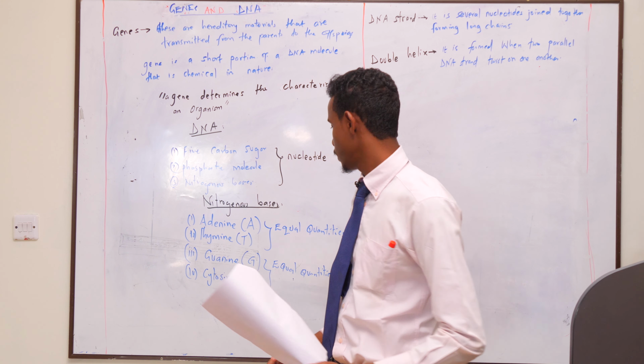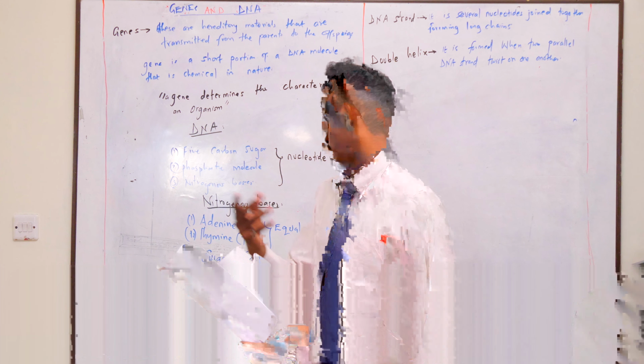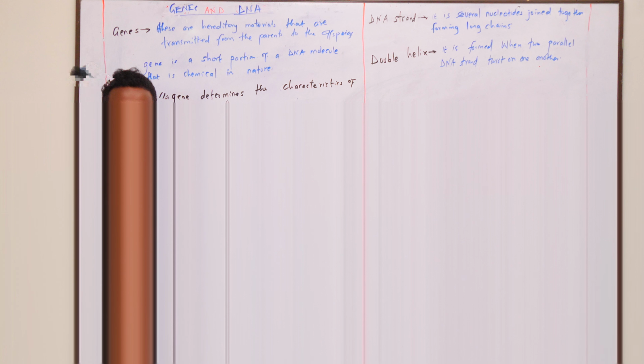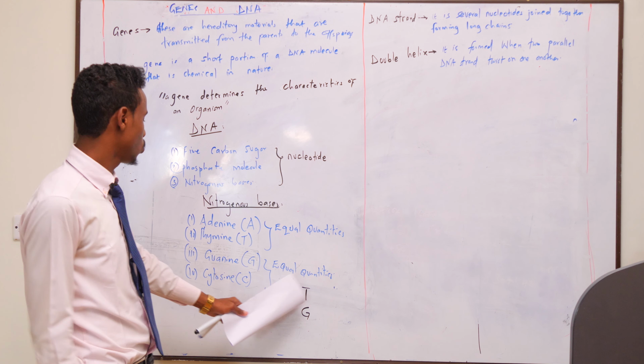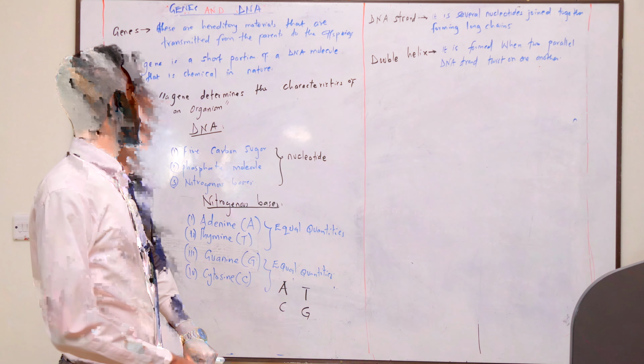They are going to pair. Guanine pairs with cytosine, and adenine pairs with thymine.